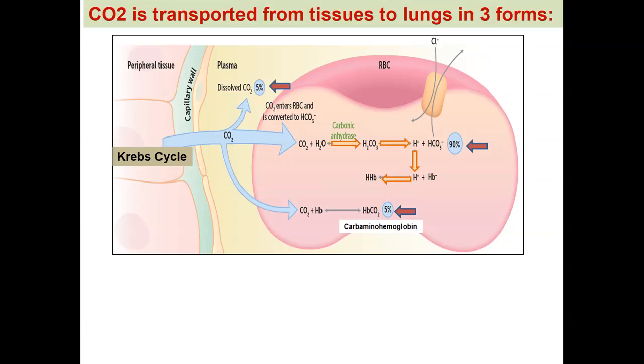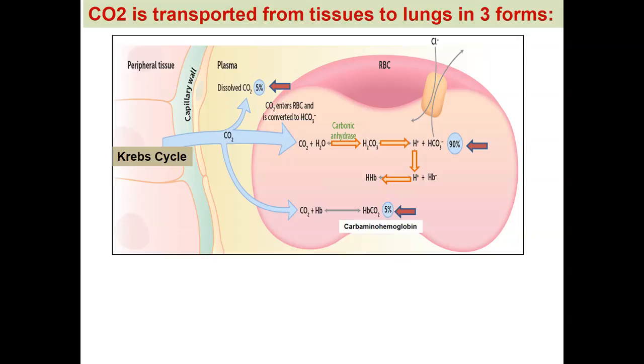Now, the CO2 transport, you know, you're producing a lot of CO2 inside your tissues, right? So there are three major transport systems. About 5% of CO2 gets dissolved in the plasma. But CO2 can also form carbonic acid and bicarbonate, if you recall this.